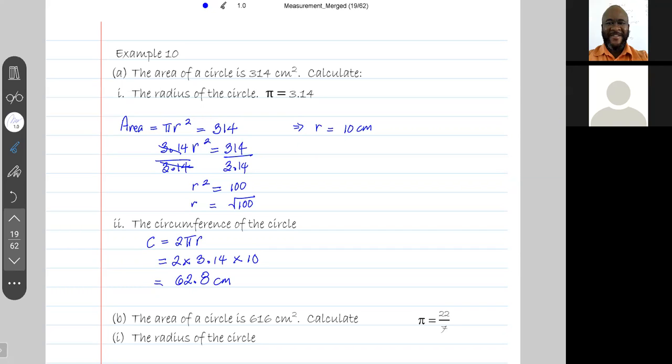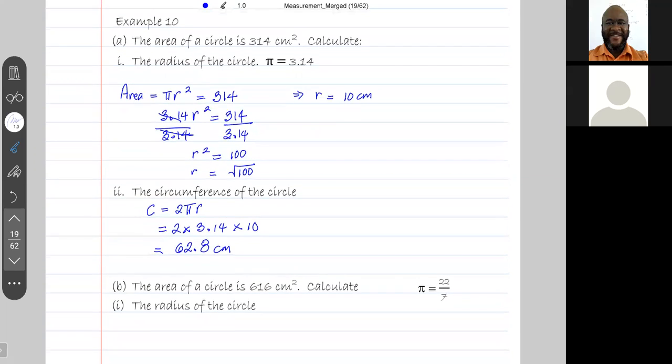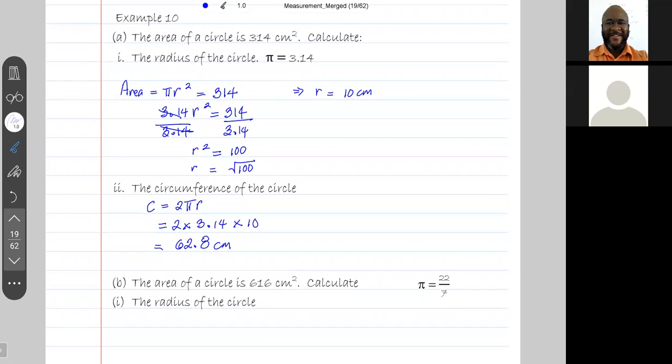Guys, what I just did for A, I want you now to move on and do for B. In B, we're told that the area of a circle is 616 centimeters. We're asked to calculate the radius of the circle. And then I believe you're also going to be asked to calculate the circumference. Please do B and type your answer in the chat.